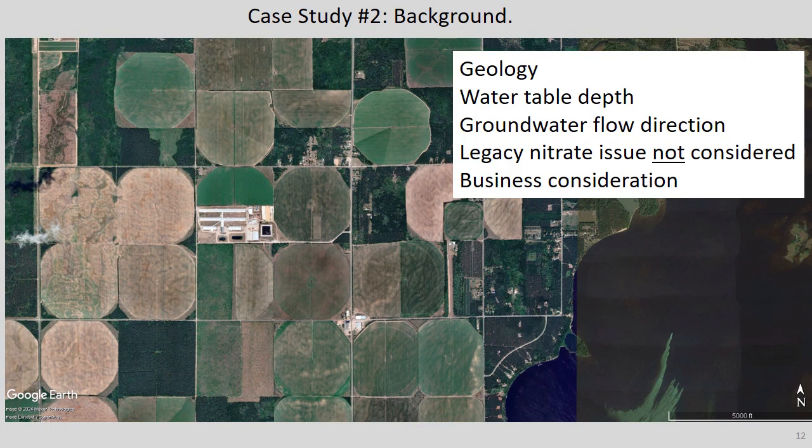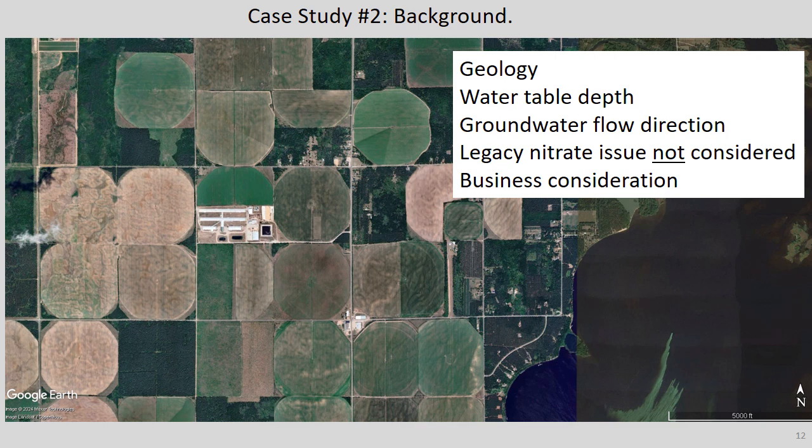Well, we evaluated that. So we looked at the geology again. Geology here was thick sandy soil, water table about 20 some feet below ground. Groundwater flow direction was from top left to bottom right, northwest to southeast.